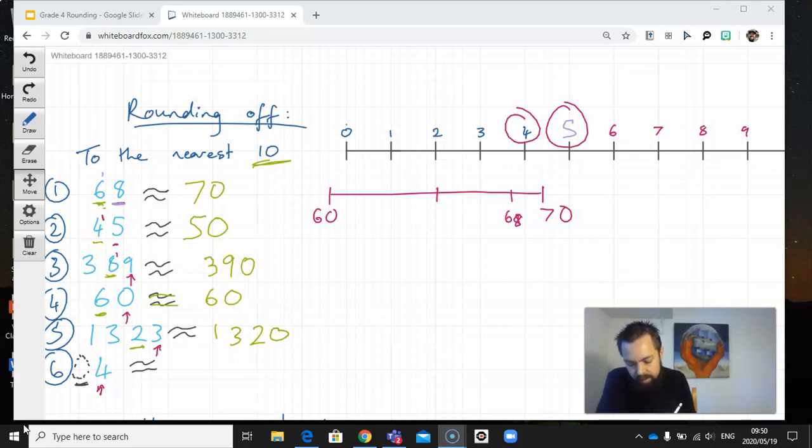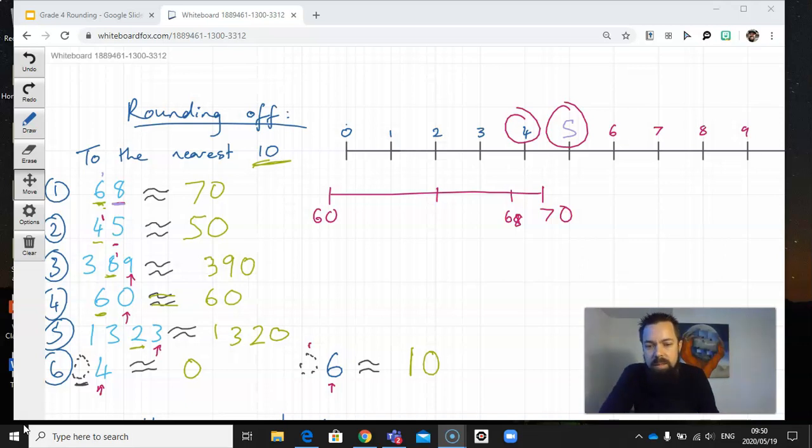And so I can say that 4 rounds off to 0 if I'm rounding off to the nearest 10. If I had, let's say, 6, and I was rounding off to the nearest 10, then I would say to myself, does it go up or down? Well, it goes up, so the tens will become 1, and my units will become 0. So 6 is roughly equal to 10, or rounds off to 10.